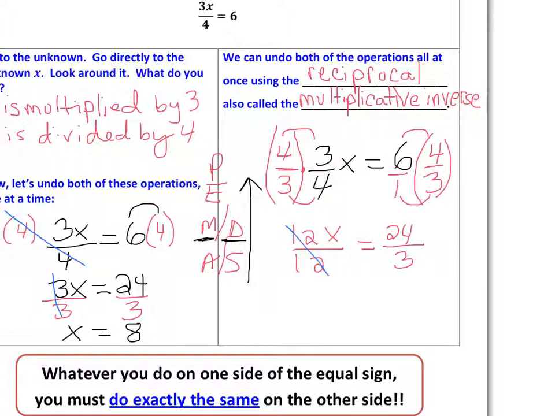And the 12 divided by 12, of course, reduces to 1. So we have x all by itself. And the 24 divided by 3 is 8. And you can see here we get the same exact answer. So you can take the approach on the left, undoing multiplication and division in sequence, or you can undo them both together in one step using the reciprocal.